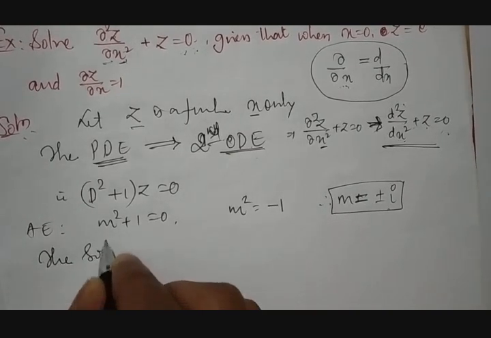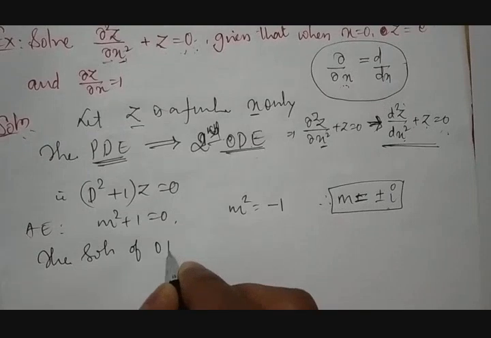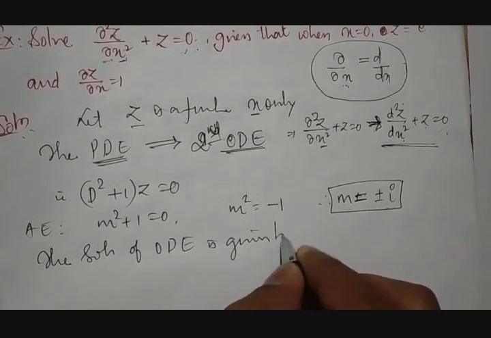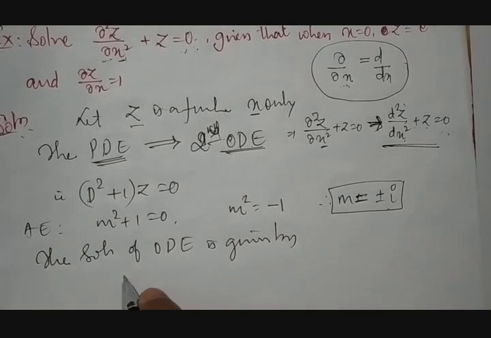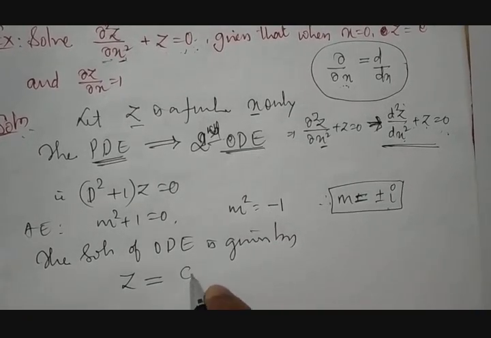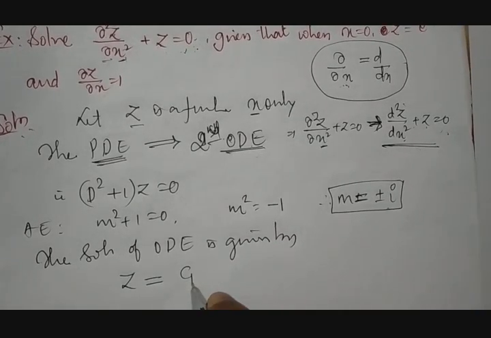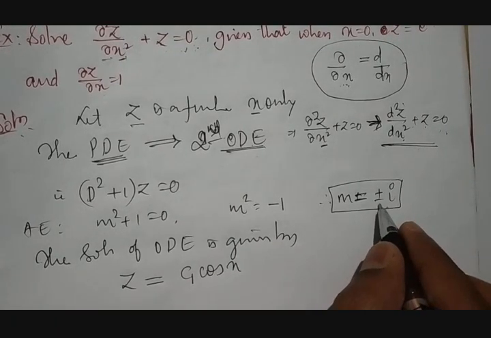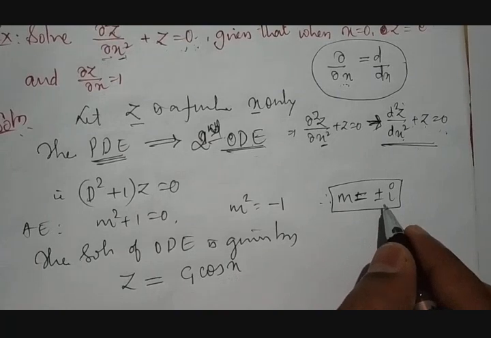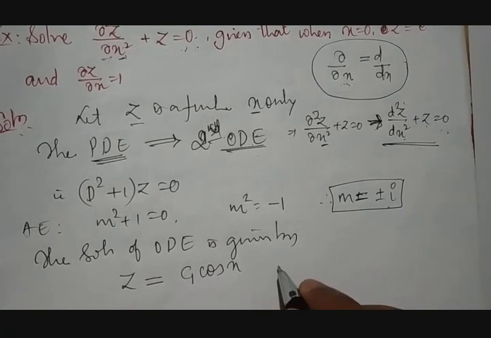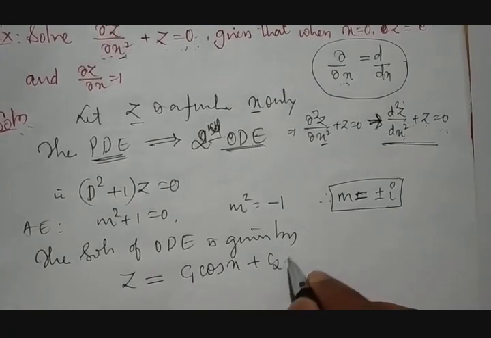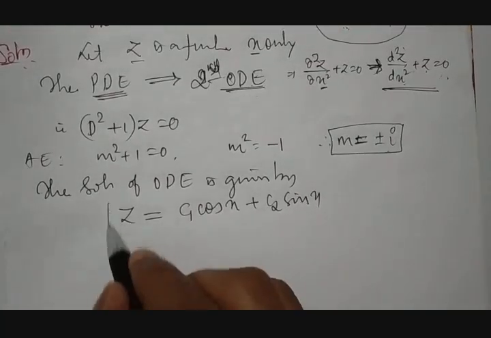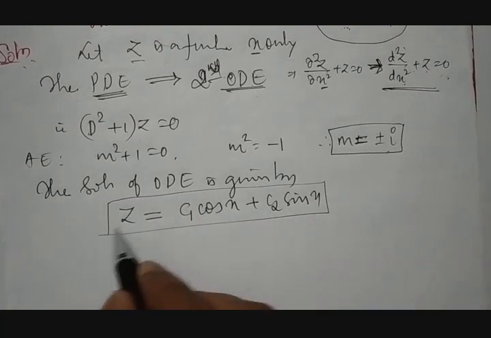Therefore, the solution of the ordinary differential equation is z equal to C1 cos x, the complementary function where an imaginary root is available, C1 cos x plus C2 sin x.